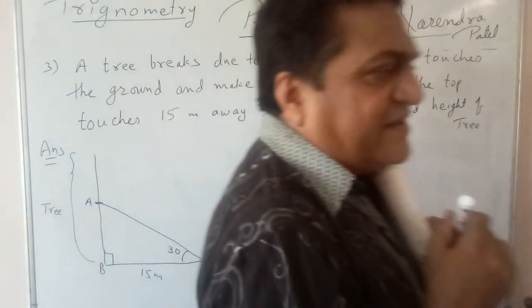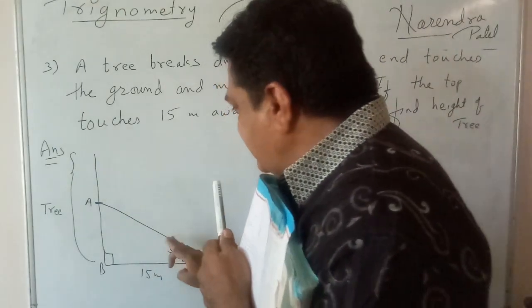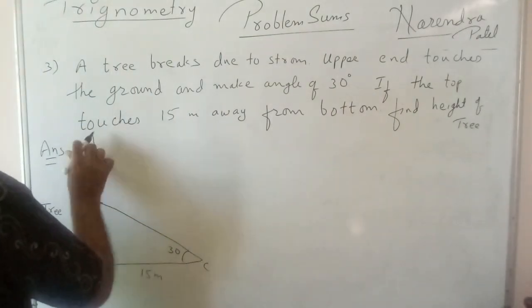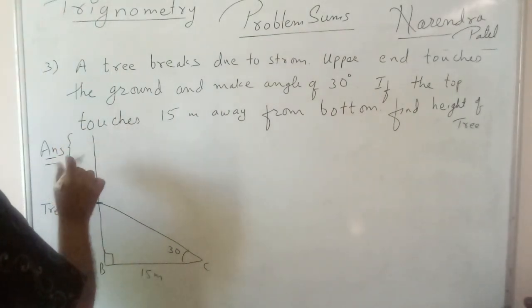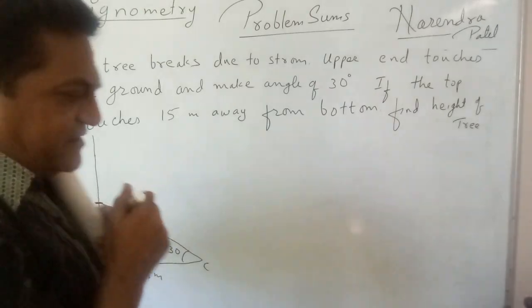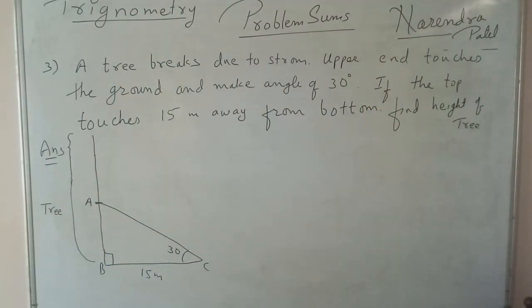You have to find the height of the tree. This broken part is touching here and making the angle of 30 degrees, and it is 15 meters away from the bottom. This is given to you in the question.